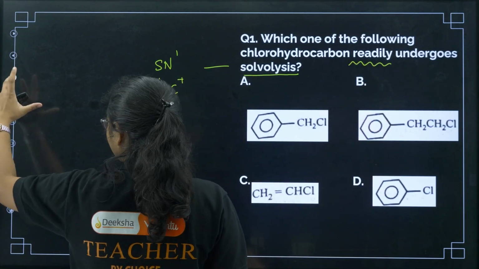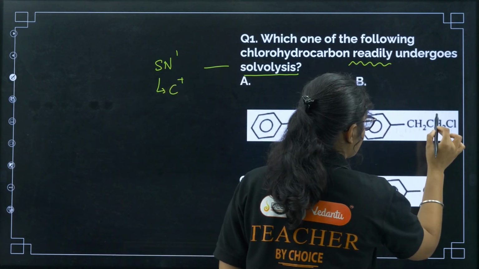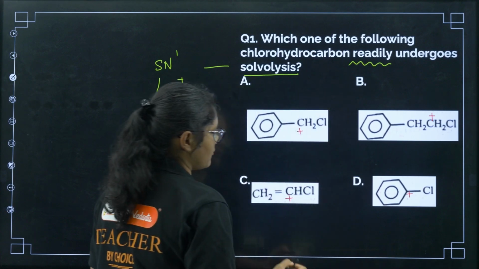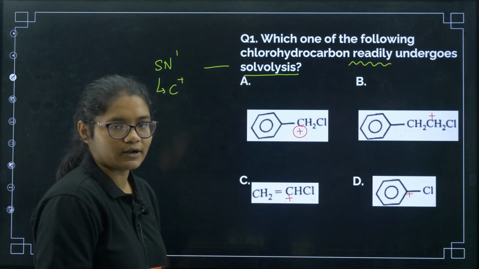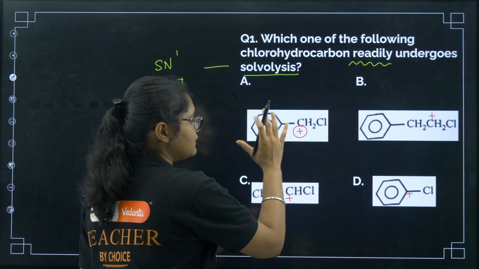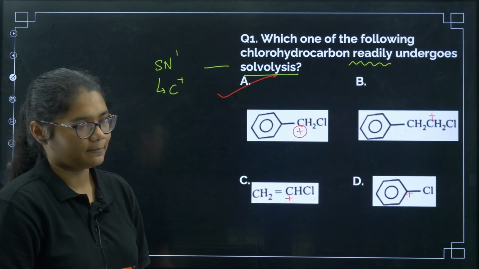If I remove the chlorines, a carbocation will form in each case. Now you see, this is a benzyl carbocation, resonance stabilized, so this is the most stable carbocation, and it will undergo solvolysis readily. So the correct answer is option A.